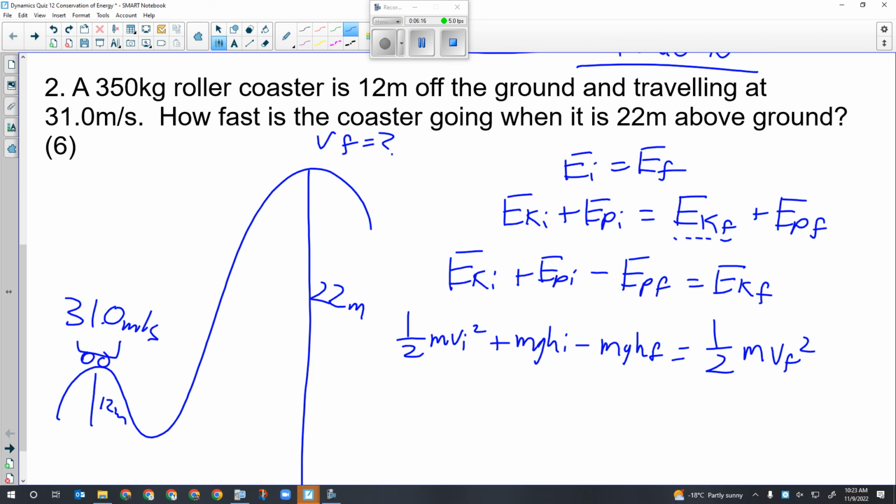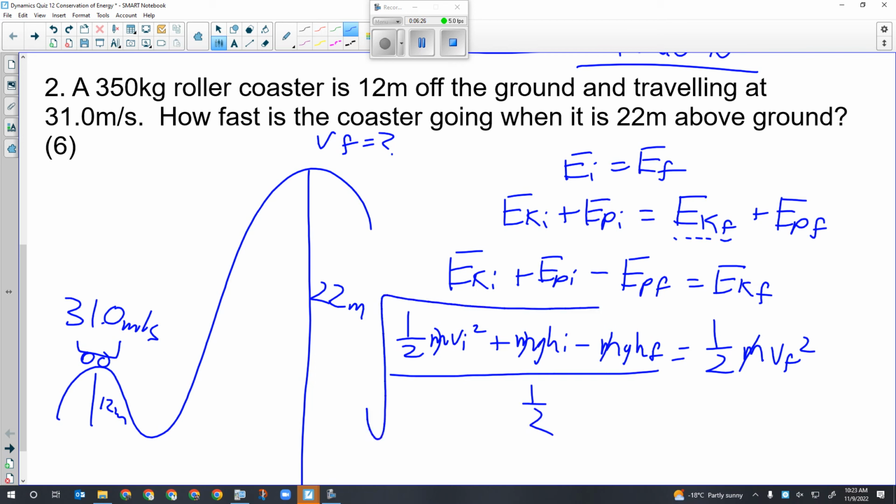What's in every term? Mass. So I don't need the 350. It's going to cancel. I just need to divide both sides by 1/2 and square root. Have we done a ton that work out exactly the same way? You're either solving for a height or you're solving for a speed in these questions.